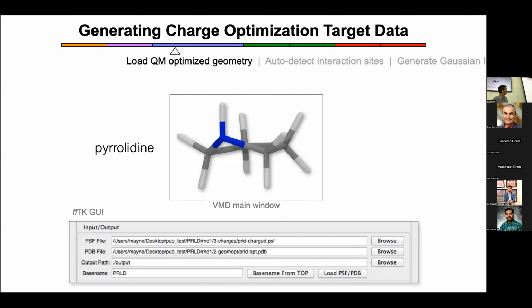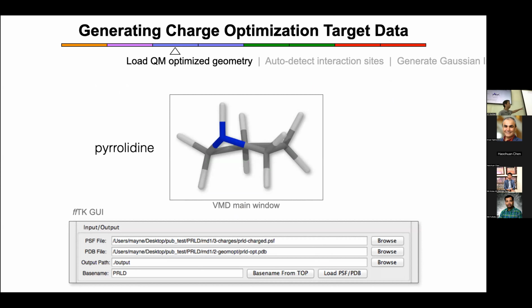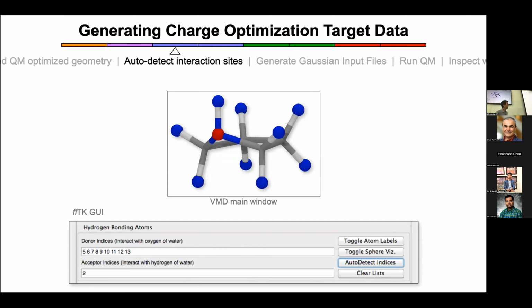So let's take this simple small molecule called pyrrolidine. First, for this, you would have already done some quantum mechanical geometry optimization. Then you load the optimized coordinates, and ffTK will automatically detect the water interaction sites.